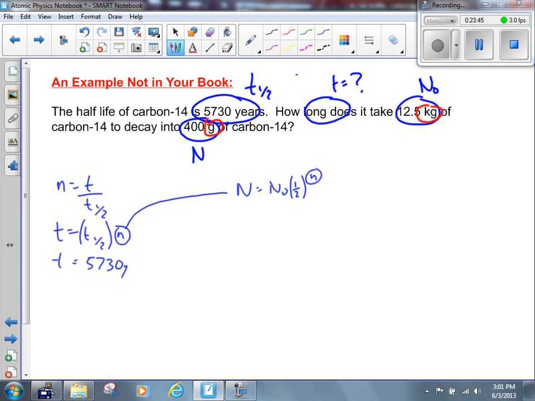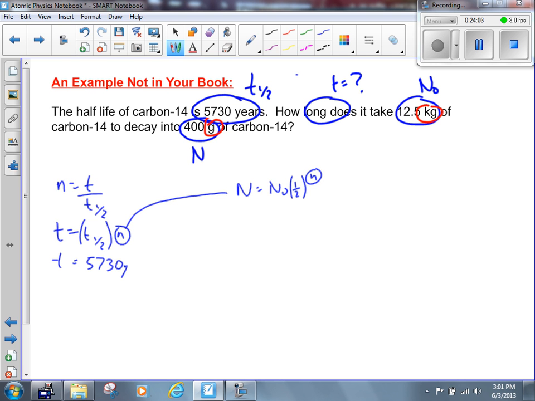Well, there's a couple of ways. One way that you've learned in math class, and that will work every single time, regardless of what the value of n is. Another way that will work if n is a whole number. And for us, in Physics 30, n will be a whole number.